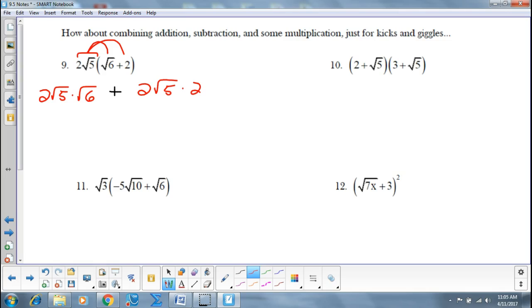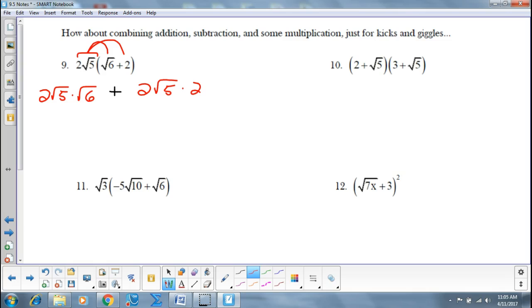Well, what's 2 times the square root of 5 times the square root of 6? 2 times the square root of 30?